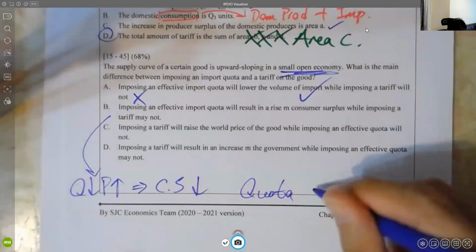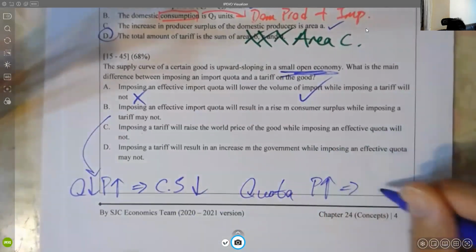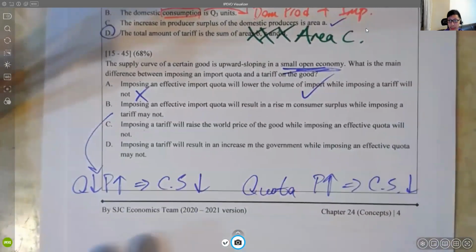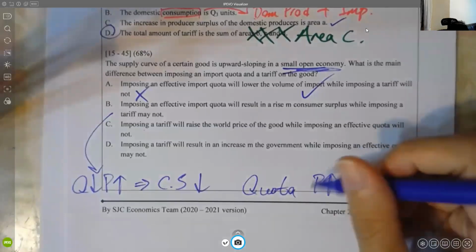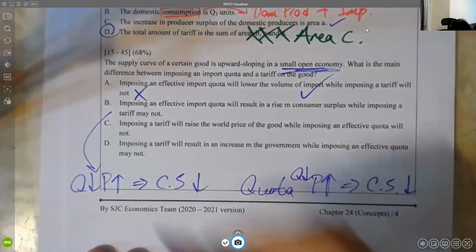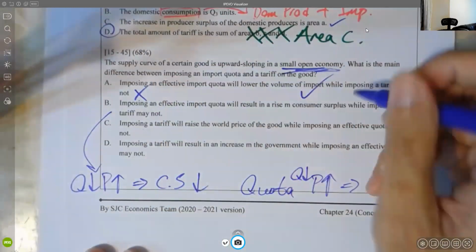Quota would also result in an increase in price, which would also make consumer surplus decrease. May decrease. I'm not saying must decrease. Actually, it must, because quantity would also drop. Both will fall. So this is also not wrong.